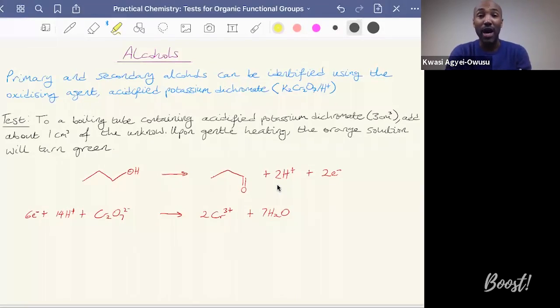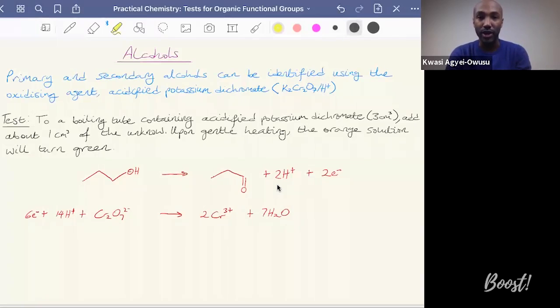And of course, when these chromium ions themselves are reduced, they go to the +3 oxidation state, so we form chromium 3+. And the chromium 3+, of course, is a green color, different to the orange color of your chromium 6 in dichromate.